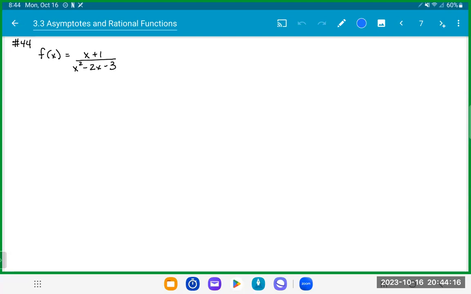So first of all, if we look at this, let's simplify it. Simplifying it gives me x plus 1 over x minus 3, x plus 1. That simplifies further to 1 over x minus 3, because we have an x plus 1 in the numerator and an x plus 1 in the denominator. So when we look at this, we have domain restrictions.